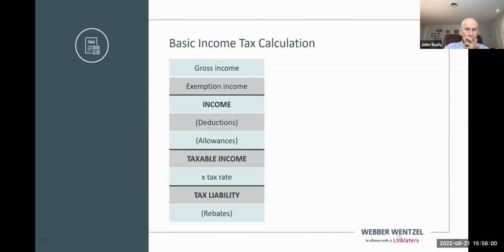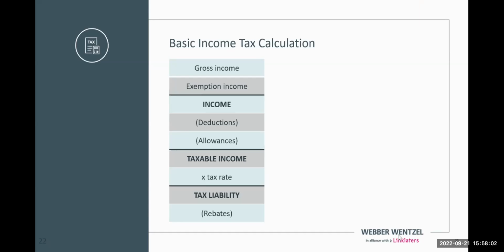A basic income tax calculation has these levels of taxation: you have gross income, exempt income, which gives you income, then certain deductions and allowances, which give you taxable income. Taxable income is multiplied by a tax rate, and that will give you a tax liability. In some instances you have rebates against that actual tax liability.